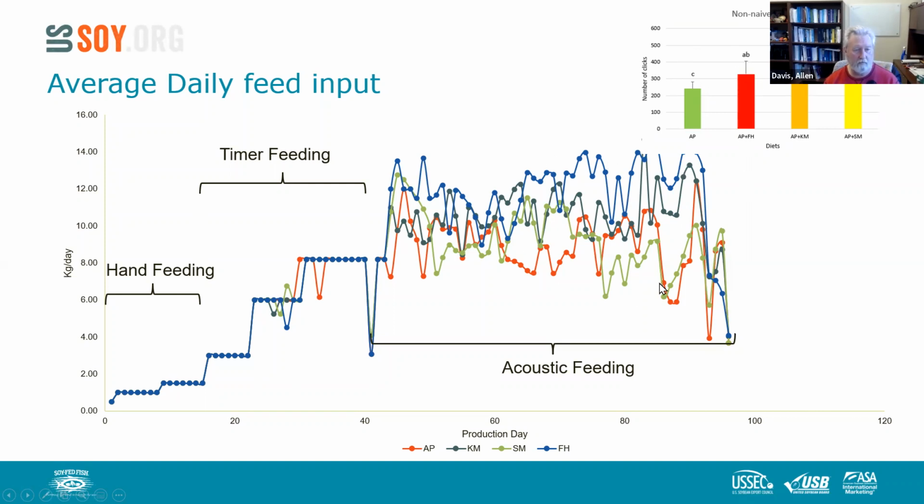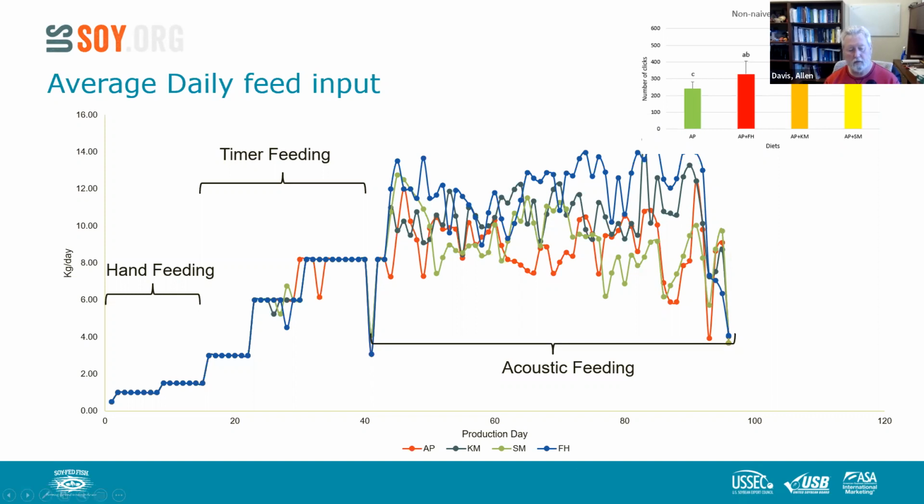The data here from production does not mean that they clearly consumed more, because those ponds also have higher biomasses. And so it may simply be that the acoustics is responding to biomass. Irrespective, we got generally more feed input, and we got generally more biomass out of those systems.